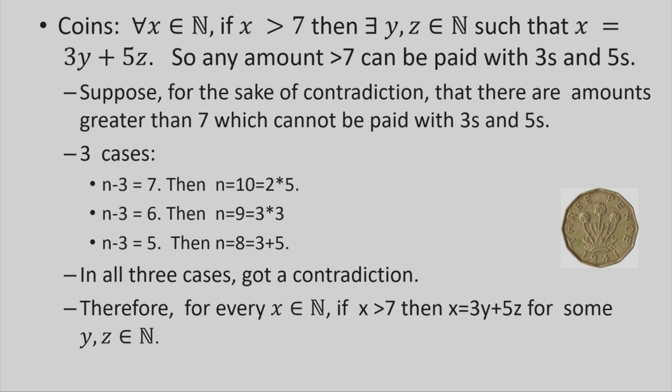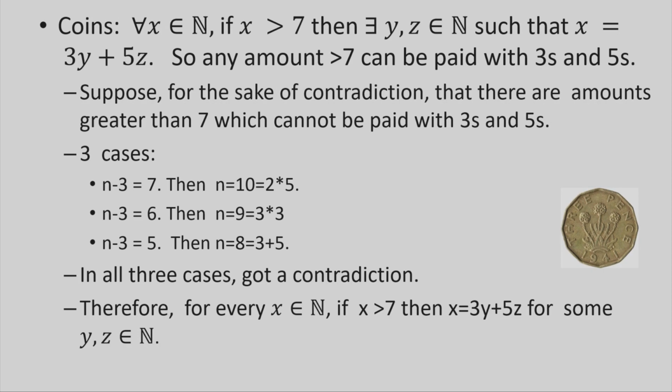What does it tell us? The only way this can happen is if the set S, of which n is the smallest number by the well-ordering principle, were empty. What does it mean for that set to be empty? That means there are no numbers greater than 7 that are not representable as a sum of 3's and 5's.